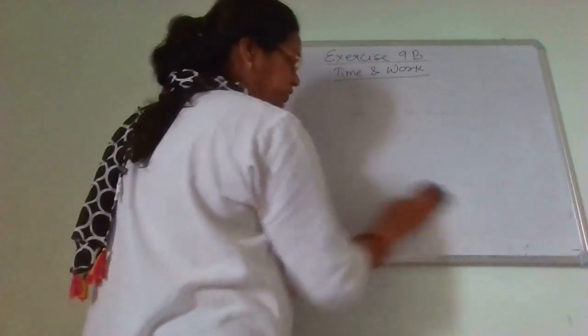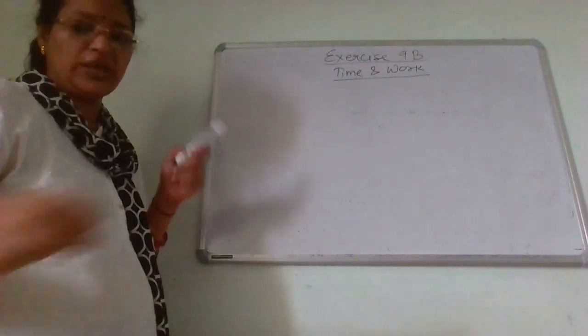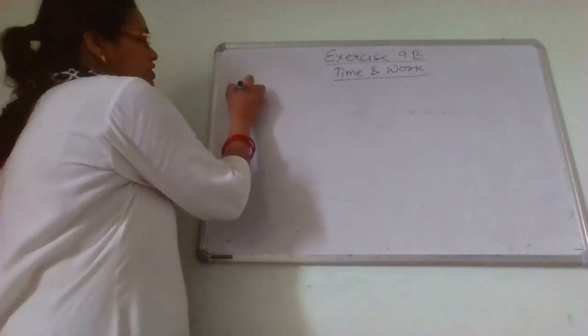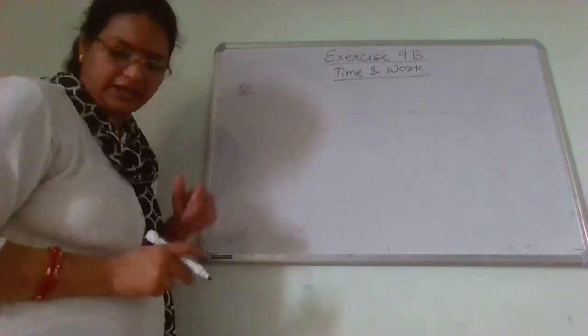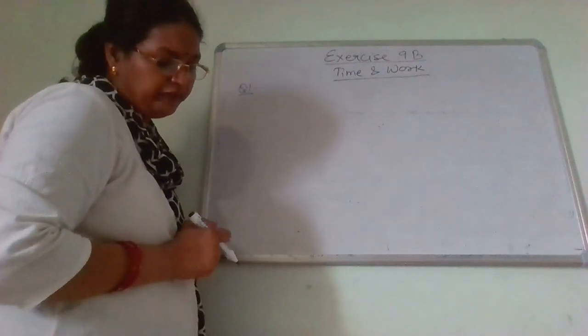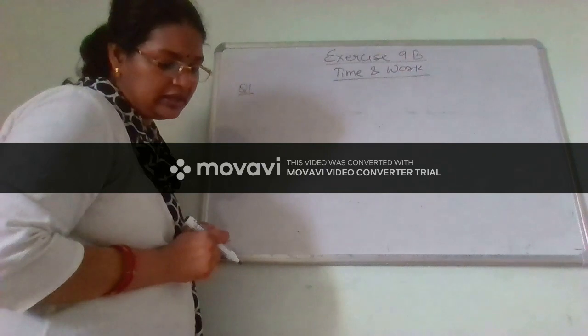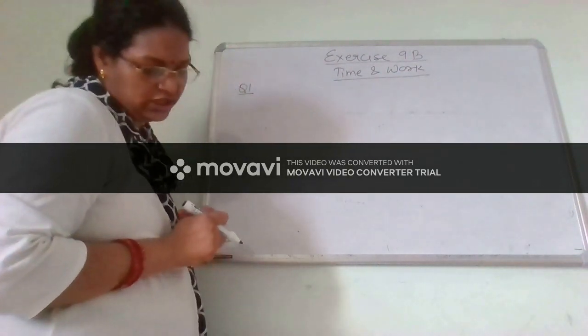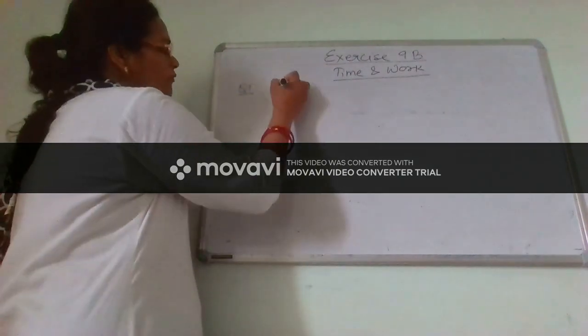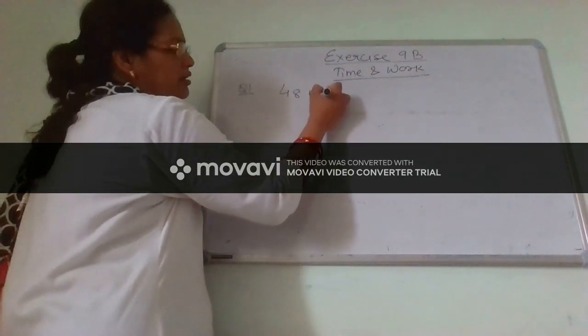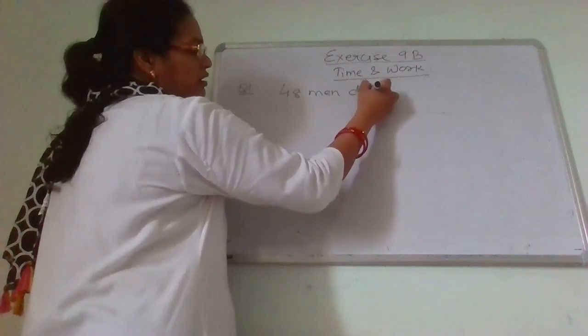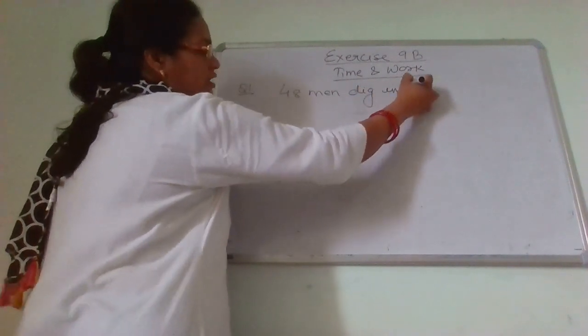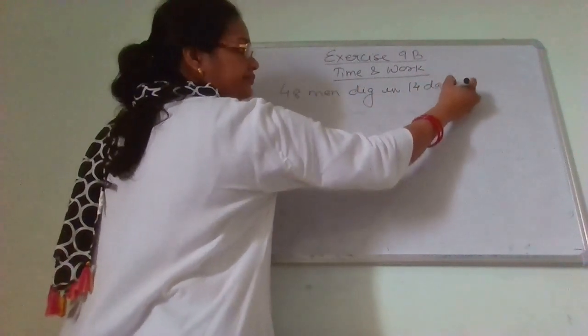In 9B question, students, you can go directly. It's very easy and very important also. Question number 1 says, if 48 men can dig a trench in 14 days, how long will 28 men take to dig a similar trench? So, 48 men dig in how many days? 14 days.